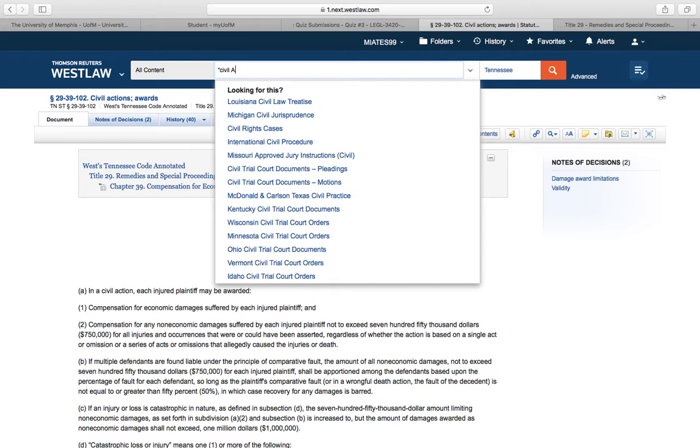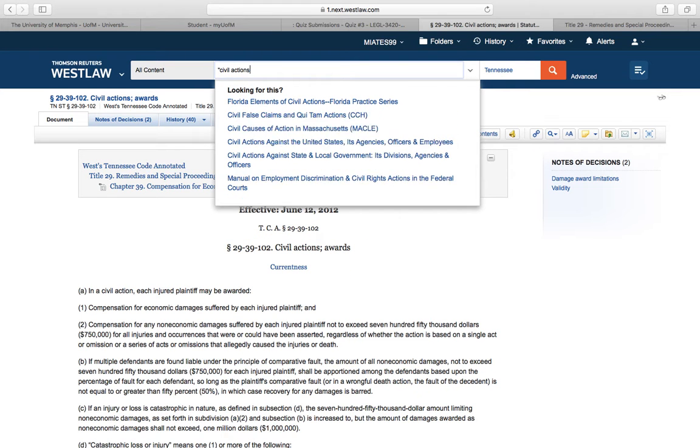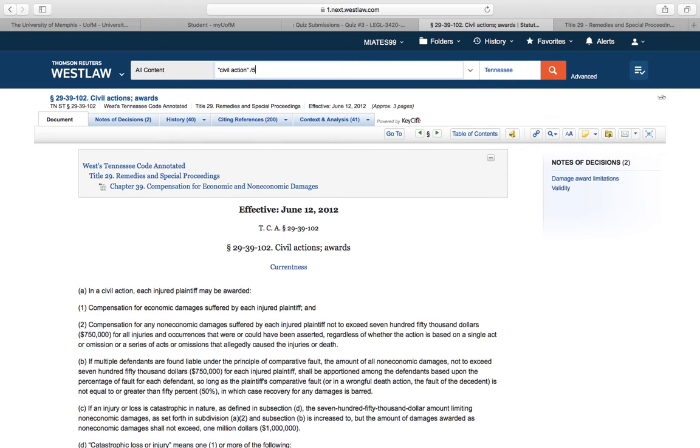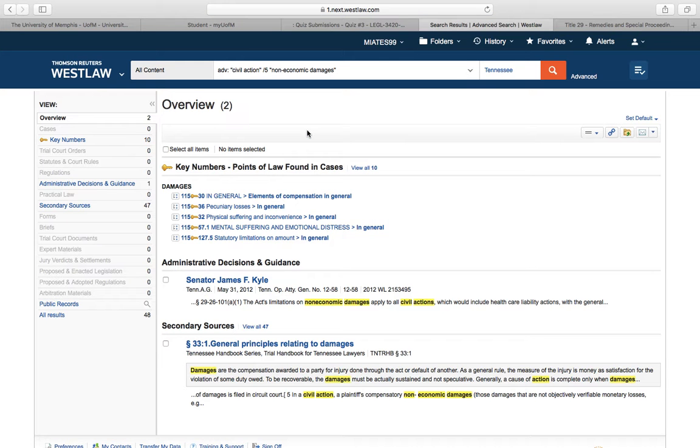Let's try civil action within 5 elements of non-economic damages. Again, these are not the same terms and connectors that I used previously, just some that I came up with now. And of course, I get no cases and no statutes.